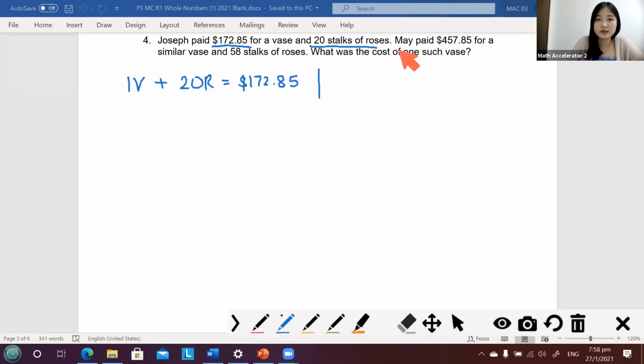Next sentence, another person paid this much for a similar vase and 58 stalks of roses. So we have 1V plus 58 roses equals $457.85. Make sure your first step you at least have the two equations. So what was the cost of one such vase?